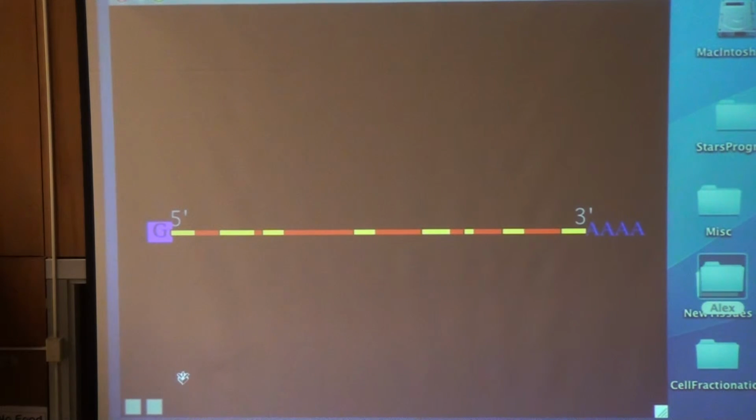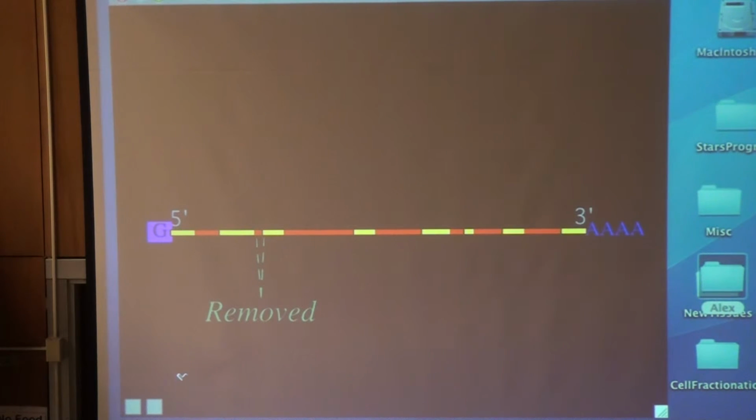From what I've been explaining so far about how this works, I've said that this exon right here ends up spliced to the next exon down there, and the intron between the two gets spliced out by the spliceosome. And likewise, if this is exon number 2, it gets spliced to exon number 3, and that intron right there between the two gets removed.